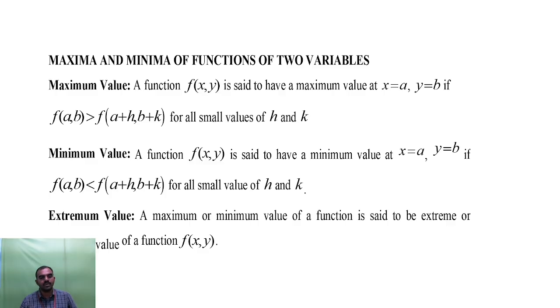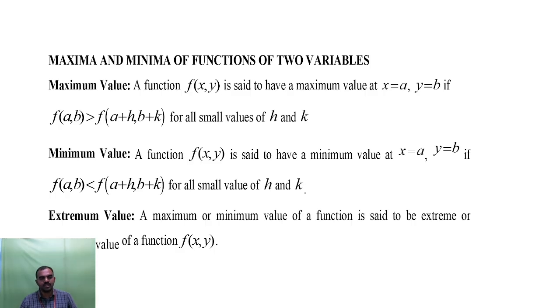Minimum value: a function f(x, y) is said to have a minimum value at x = a, y = b if f(a, b) is less than f(a+h, b+k) for all small values of h and k.